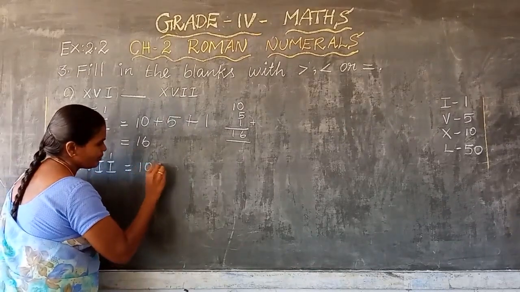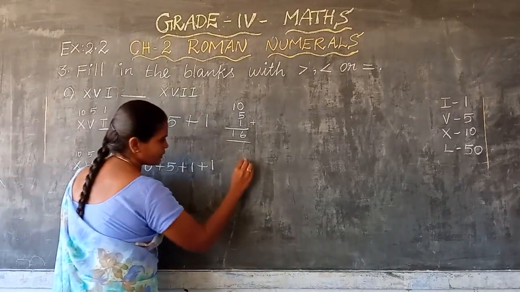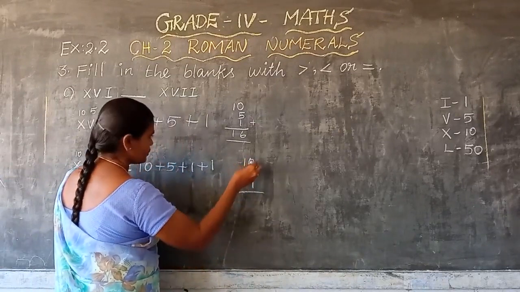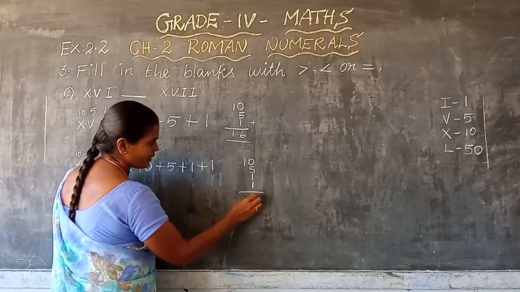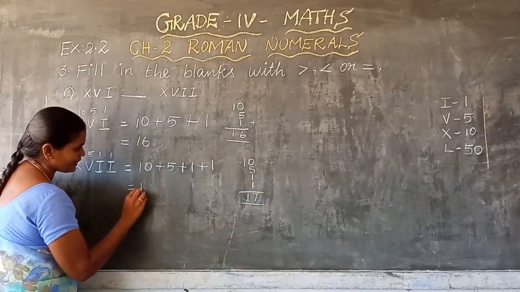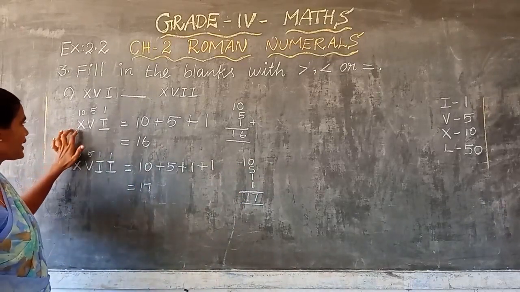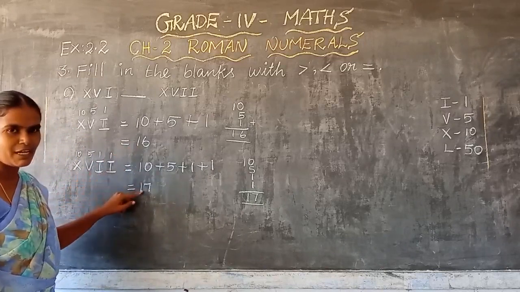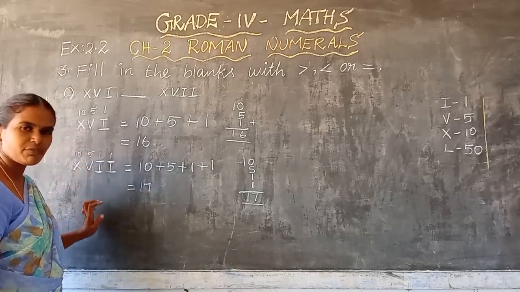So 10 plus 5 plus 1 plus 1. 10 plus 5, 15. 15 plus 1, 16. 16 plus 1, 17. So we get the answer 17. XVI equal to 16, XVII 17. So if we know the Roman numeral rules very well, this calculation is very easy.